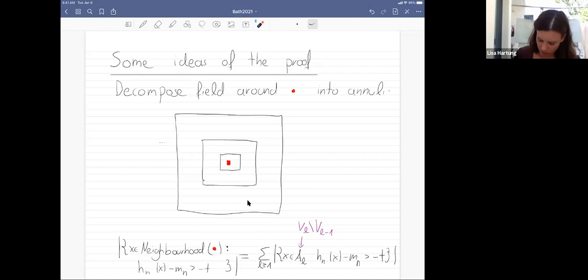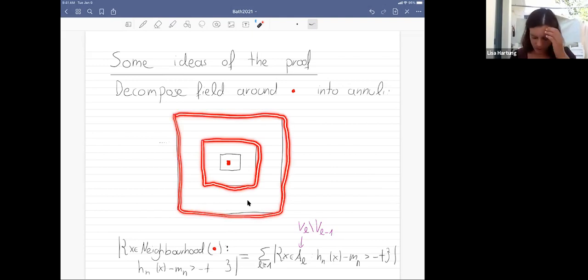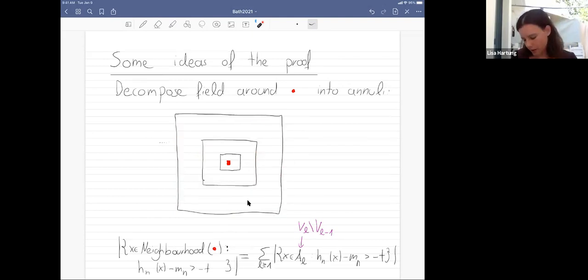The way you mimic it is that you take this point and decompose your field into annuli around this point, and to reflect the covariance structure, you make the distance between the boundaries grow exponentially.